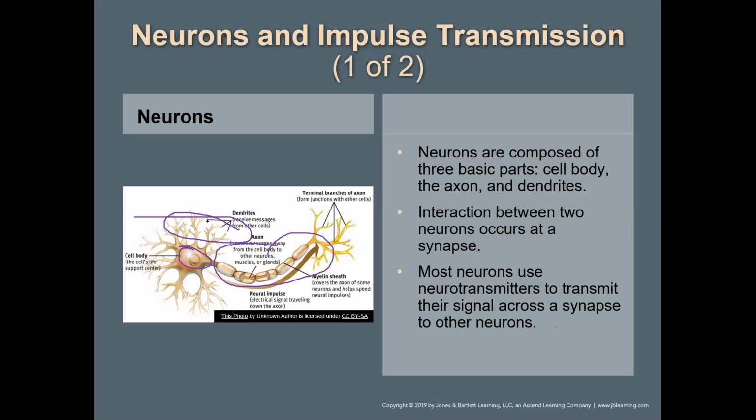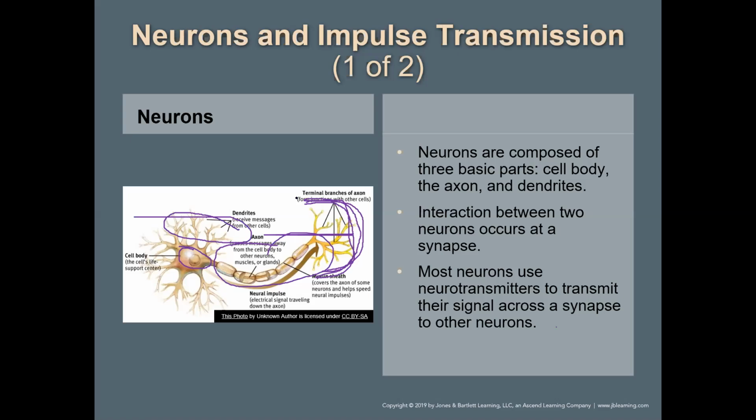So the interaction between two neurons occurs at the junction known as the synapse. If I had another picture of another neuron here, that junction right here is right there. Nerve cells don't actually come into direct contact with each other.